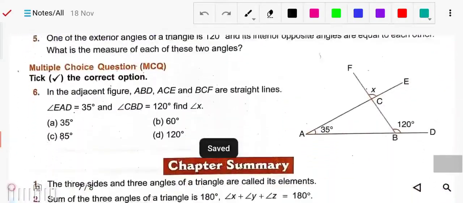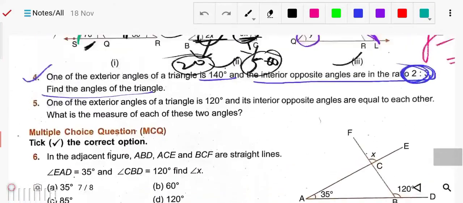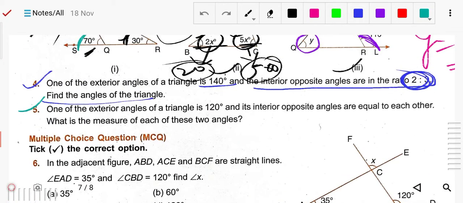We have the next question here, number 5. One exterior angle of a triangle is 120 degrees, and its interior opposite angles are equal. So in the question it is given like that.